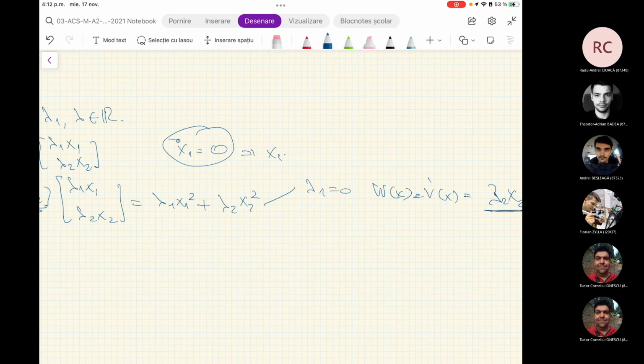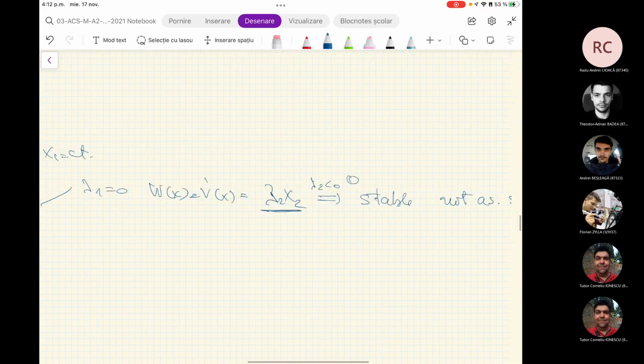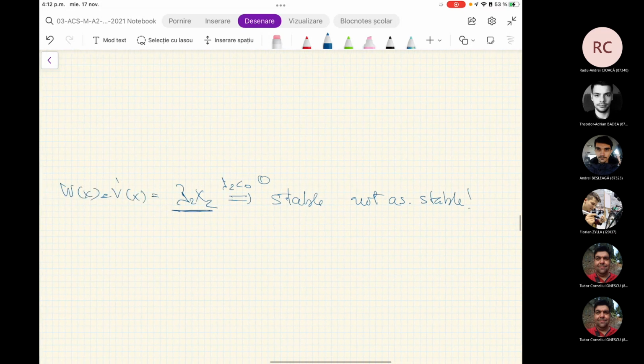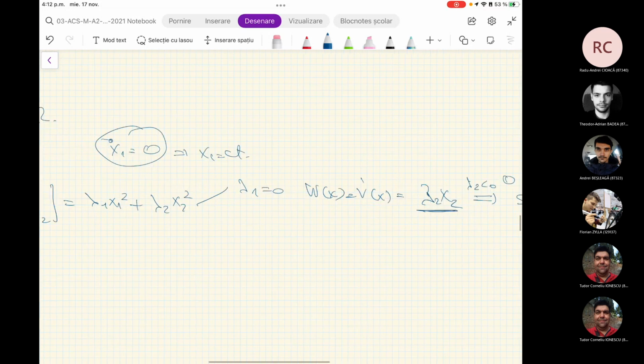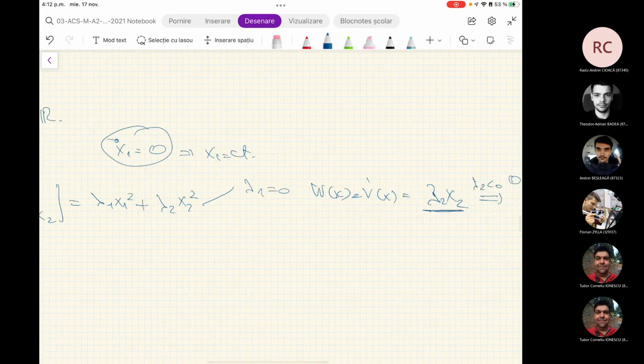That means that x1 is constant, so it's not 0. So you don't have the origin as the unique equilibrium point this time. Of course, for x1 equal to 0, you can get again the origin, but x1 is constant.